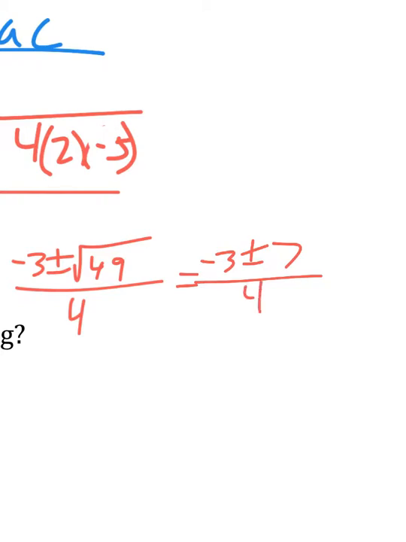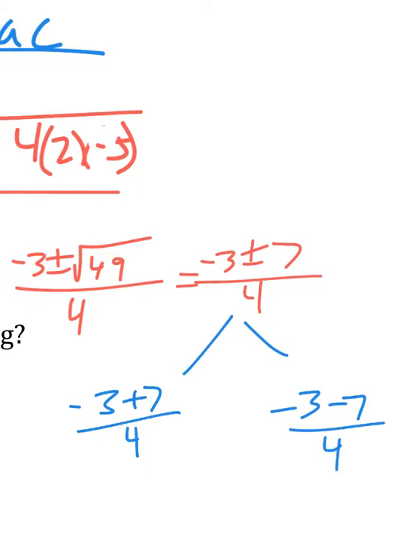Okay. And here's where we have to break it up. So this plus or minus has kind of been coming along. Okay. And so we've got to split this up into 2 answers. Negative 3 plus 7 over 4 and negative 3 minus 7 over 4.